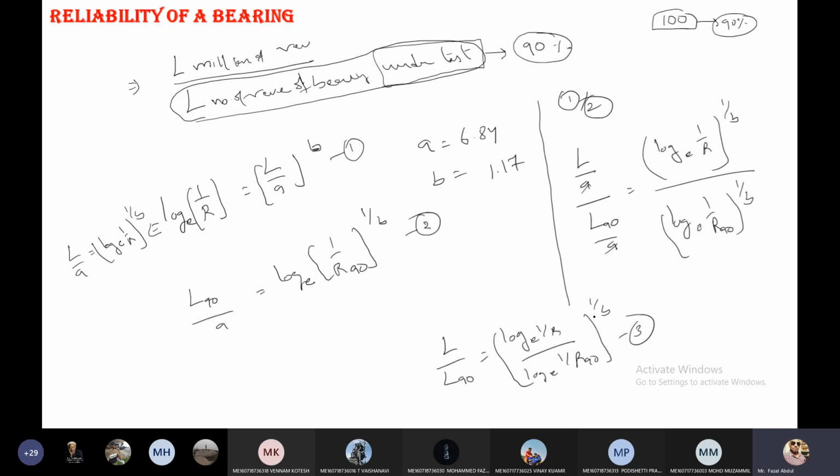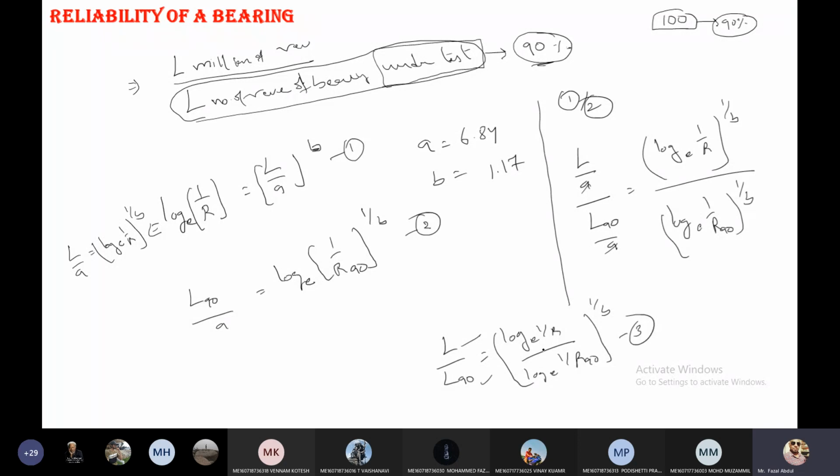See here, what is the definition? Reliability of the bearing is the ratio of L, the life of the bearing for the million revolutions under complete condition, to the number of revolutions of the bearing under testing condition, where it is particularly indicated that the test should be qualified at 90%. Okay, so that is the million revolutions and this is the under-test condition, L by L90.